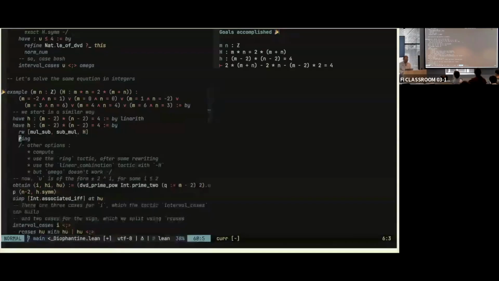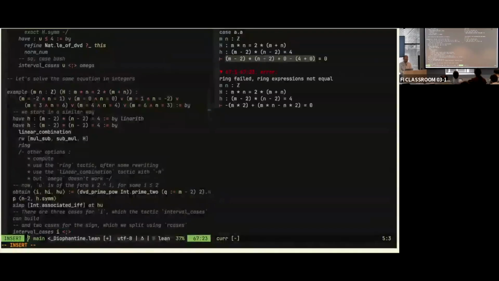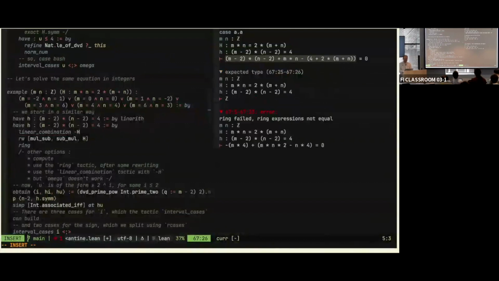And bizarrely, there is also linear_combination that should work, but it doesn't, because you have to tell linear_combination that it's minus the equation h rather than plus the equation h. Nope.